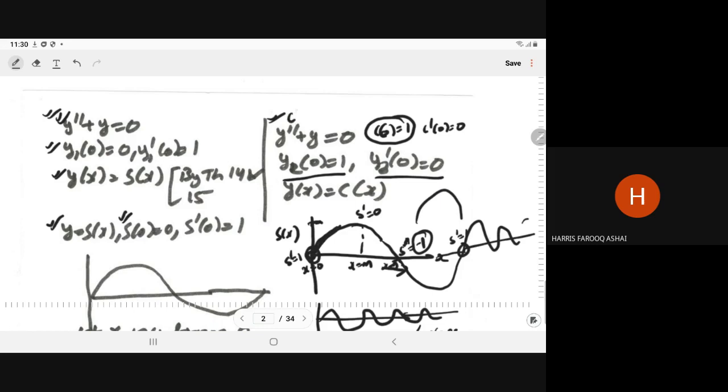From here what we have, C double dash plus C is equal to 0, or C double dash is equal to minus C. Since C is positive, C is equal to 1. So since C is positive, C double dash is negative. C double dash is the rate of change of the slope of the Cx, right?